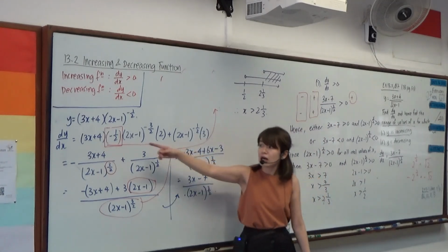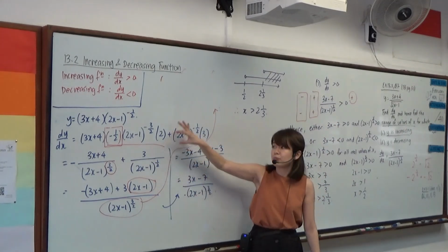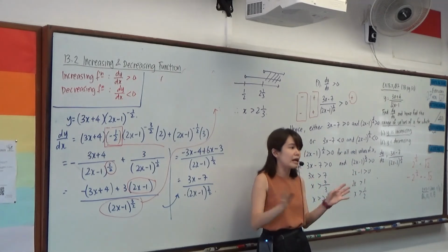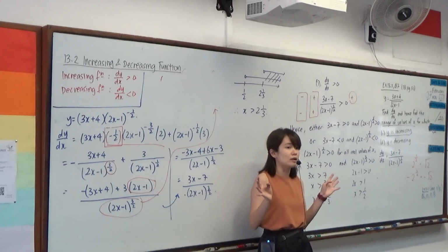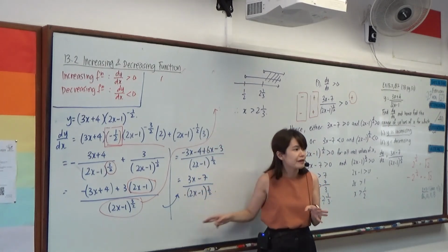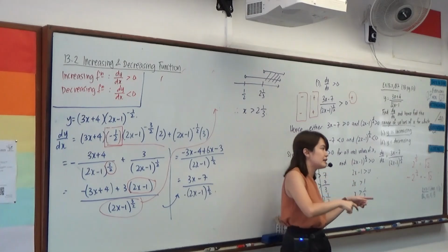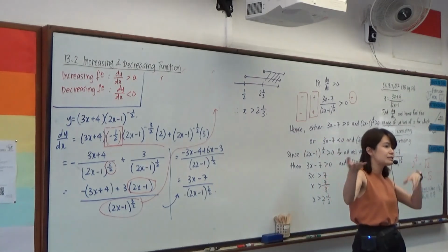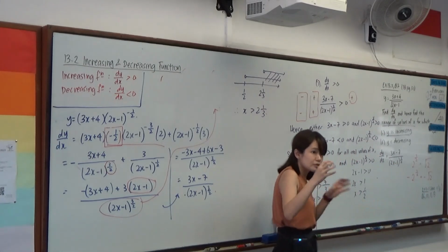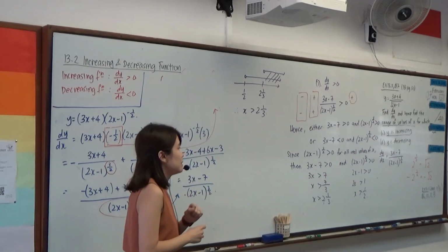Because these are all algebraic variables, I cannot say bring one to the other side and then divide your variables away. We cannot do that kind of thing when it comes to inequalities. So that's why we have to make it into a single fraction and go back to our understanding of plus and plus give us plus, minus minus give us plus, plus minus give us minus. Those are our key concepts that we learned in Sec 1.